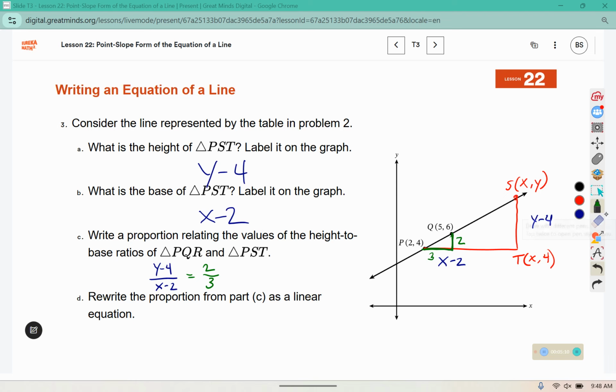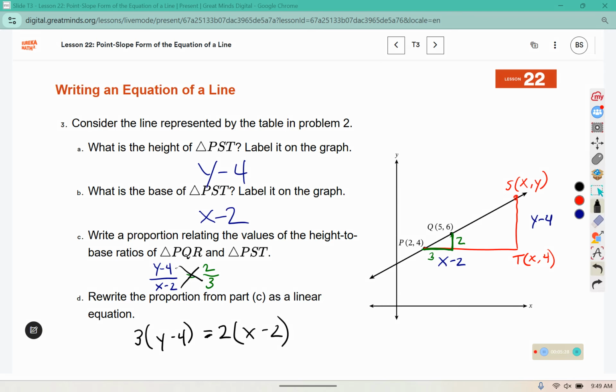Rewrite the proportion from part C as a linear equation, so we can cross multiply. That would be 3 times y minus 4 equals 2 times x minus 2.